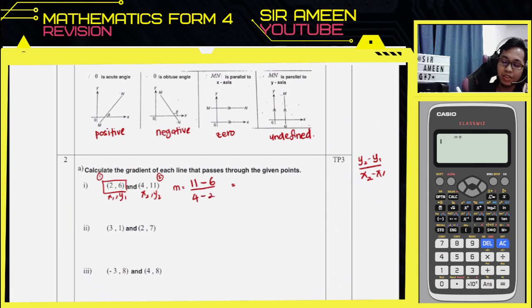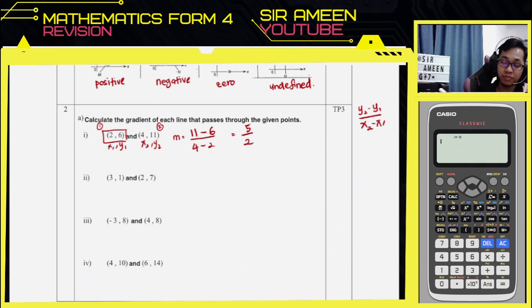So 11 minus 6 would be 5, while 4 minus 2 would be 2. So the gradient would be 5 over 2. If you can simplify the fraction, then simplify it into the simplest form. If you cannot simplify the fraction, just leave it like that.